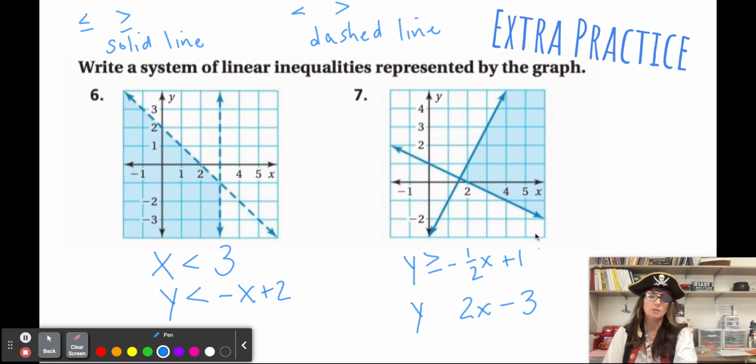It is. So it can't be greater than, because otherwise this would be shaded in over here. So it has to be less than or equal to, going down, or less than the y values. And 0 less than or equal to -3 is not true, and the point 0, 0 is not shaded in. So that's how you can verify that you did it correctly.